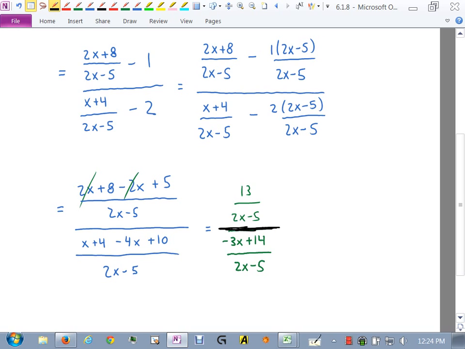So we flip that fraction up, and the 2x minus 5s are going to cancel. So I'm going to write down next to this what happened. The 2x minus 5, we flipped it up. And then these 2x minus 5s cancel.